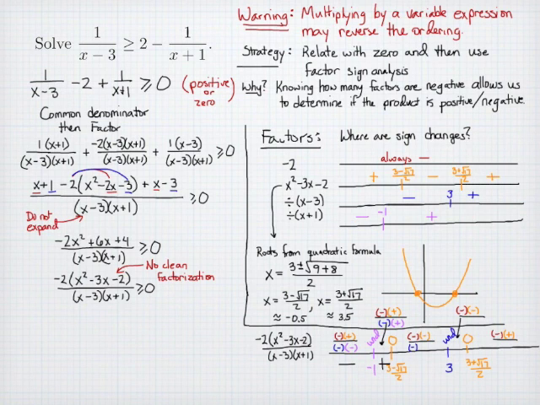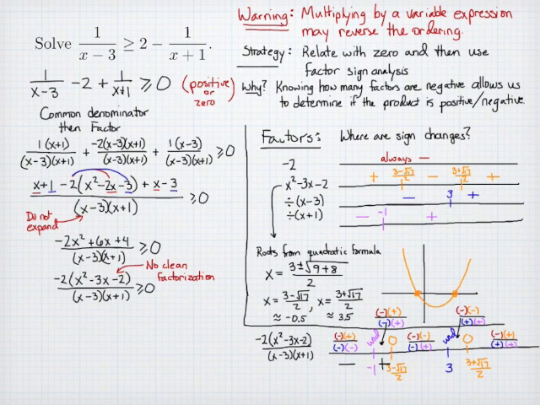Our dividing by x minus 3 changes sign when I cross 3. And so to the left of 3 it's negative, to the right of 3 it's positive. And dividing by x plus 1, to the left of minus 1 was negative, and every term to the right it'll be positive.